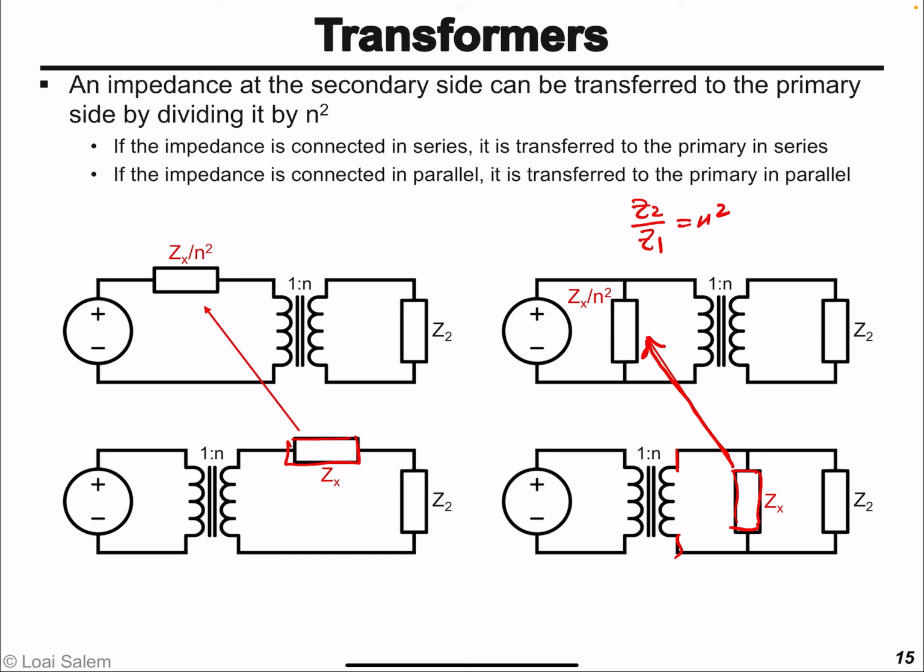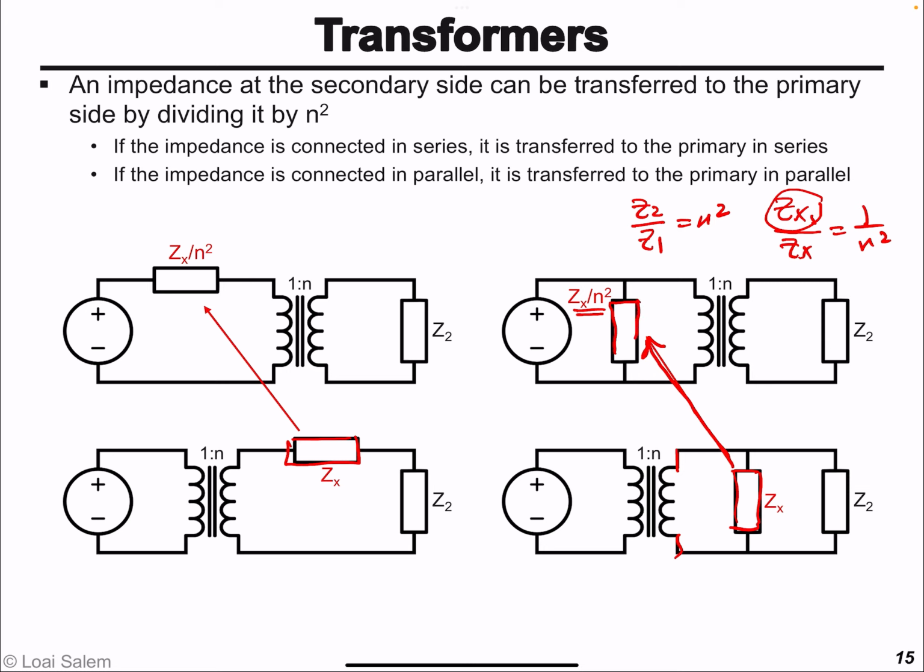So if we want Zx as seen from the primary side, Zx1 divided by Zx will equal 1 over N squared. And so this means Zx1 would equal Zx divided by N squared.